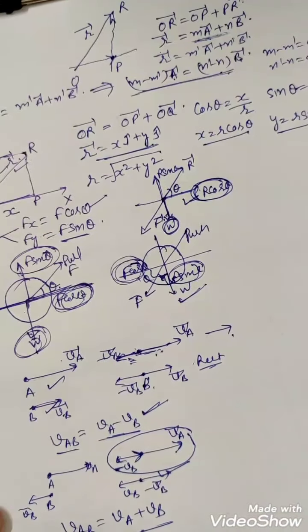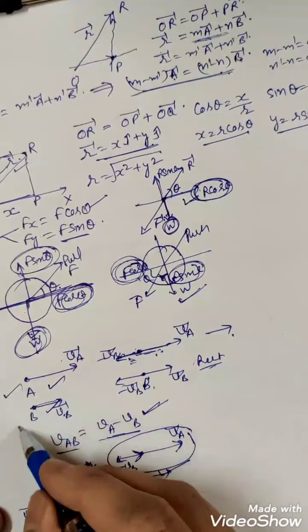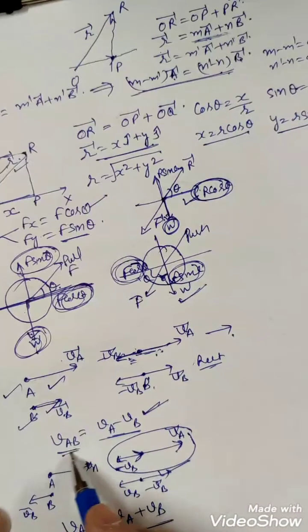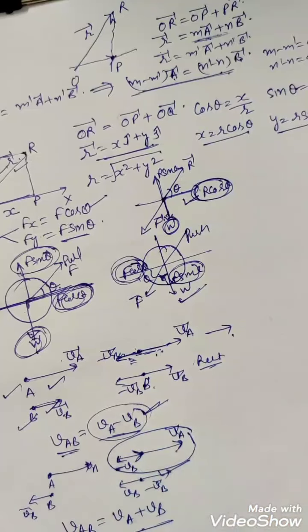So when the two bodies move in the same direction, the relative velocity is the difference, and when their directions are opposite, the velocities add.